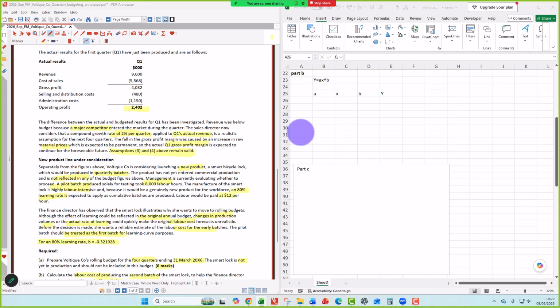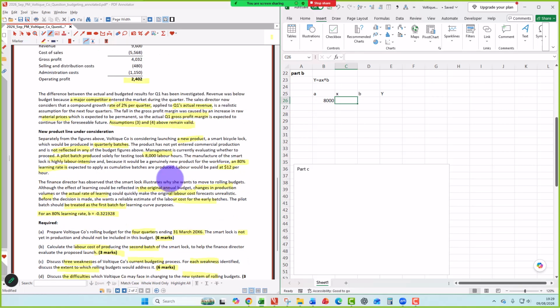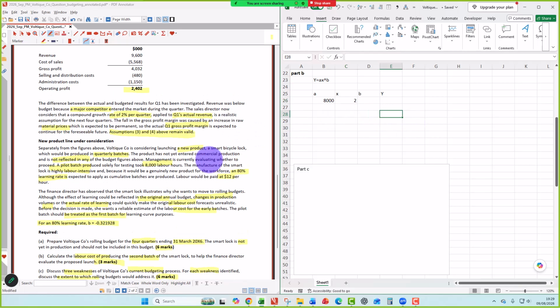If it took 8,000 for the first batch, that tells us what a is, because a is the time taken for the first batch. x is the number of batches. Well, we want to find the second batch, so x is 2. b, fortunately, it gives it to us here, so that's minus 0.321928.